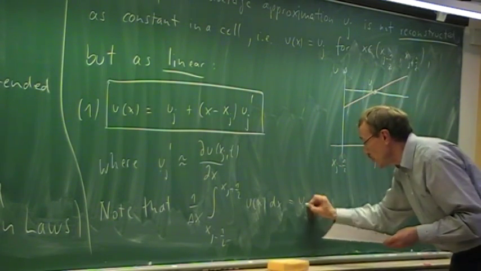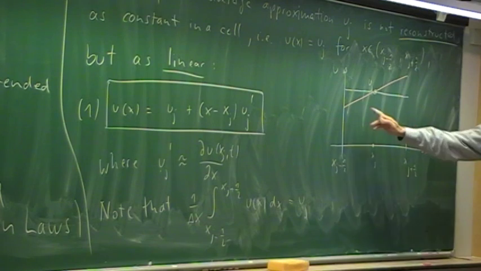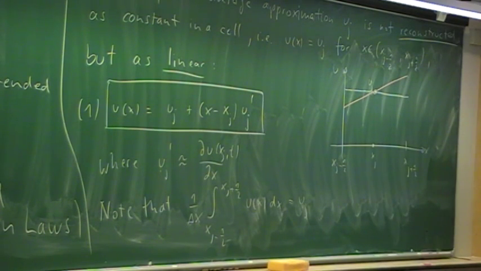So we do not change the cell average. That is the point. So we keep the averages untouched, but we get better approximations inside the cells. If we have better approximations inside the cells, we get also better approximations at the endpoints to define the Riemann profiles.